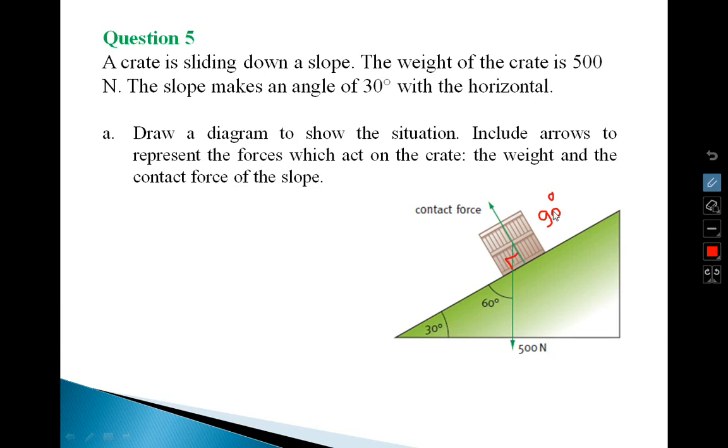The weight of the box is 500, and the slope makes an angle of 30 degrees with the horizontal. So this diagram represents all the forces which act on the crate: the weight and the contact force of the slope.